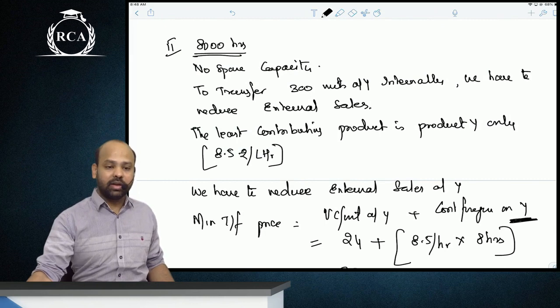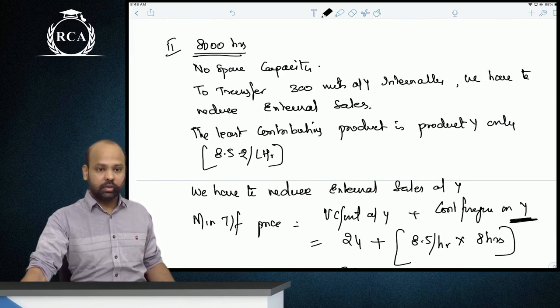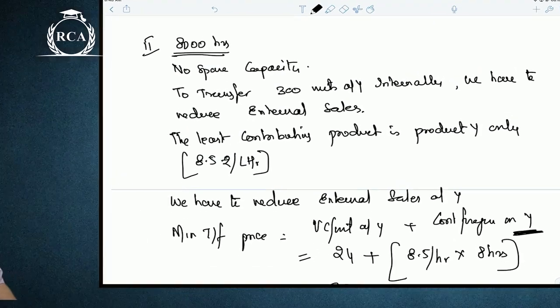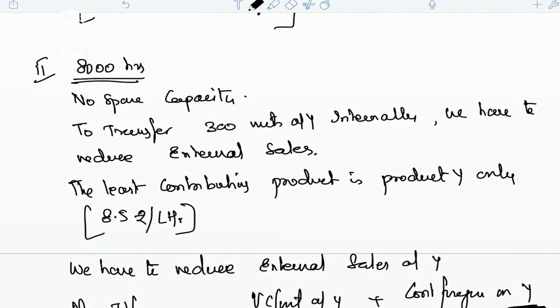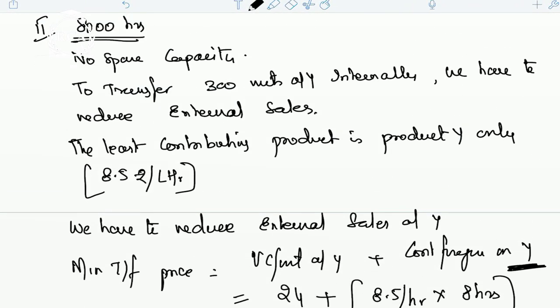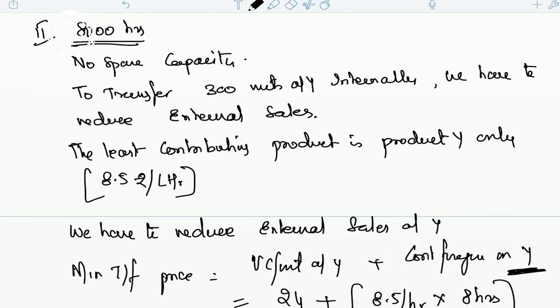Please understand guys. Copy this, beta. All of you guys copy this. 8,000 hours. Please copy this. Your minimum transfer price will now become the external selling price of product Y itself, as such guys. Product Y itself. Guys, we did this in a lot of questions.